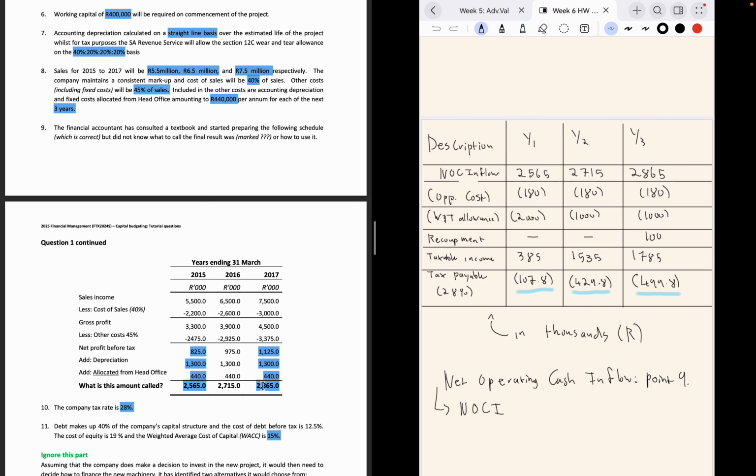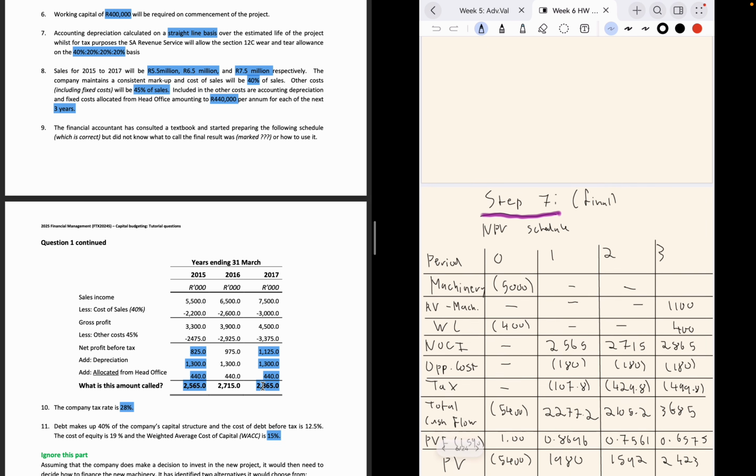And so when we add all of that up, we have a taxable income of year one of 385,000, 1,535,000 for year two, and then 1,785,000 for year three. So you multiply that by 0.28. So we have a tax payable of year one, 107.8, year two, 429.8, year three, 499.8.